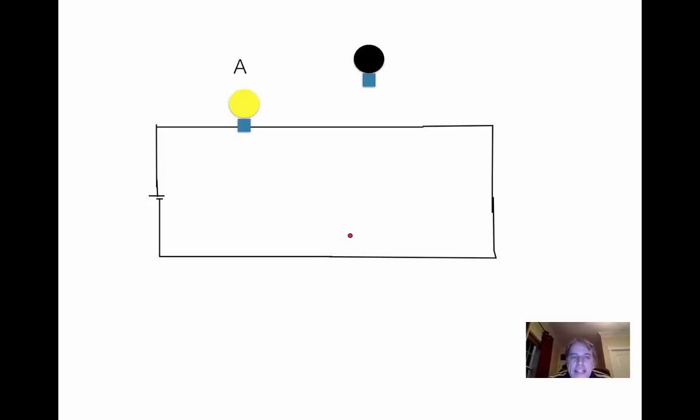Now, another example. Let's say we have a light bulb here, and we insert another light bulb in the circuit, so we add it in series with light bulb A. If we do that, what happens to the brightness of light bulb A? Well, this example is very simple. Because they're in series, R equivalent will increase.